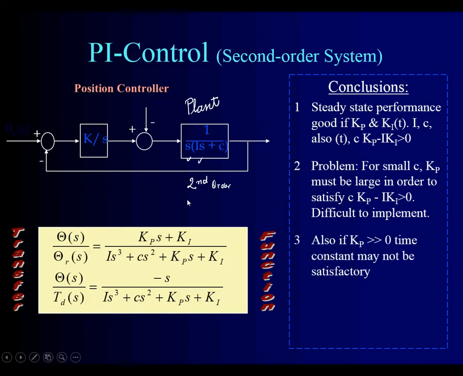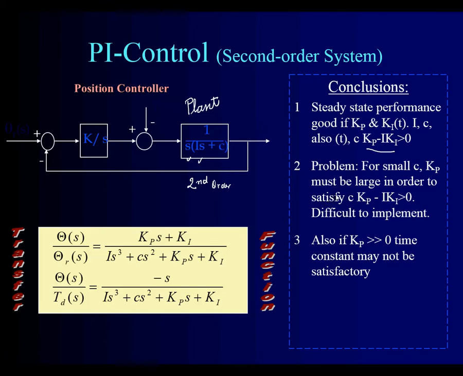The steady state performance is good if the proportional control and the integral control, if this ratio is bigger than 0 for a second order system.